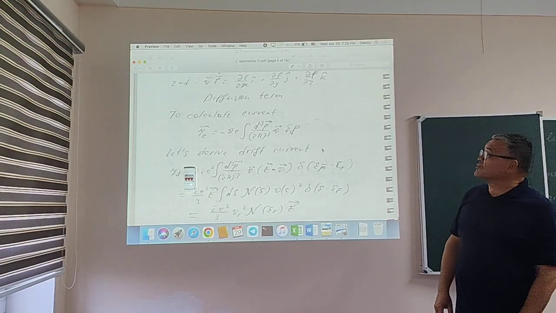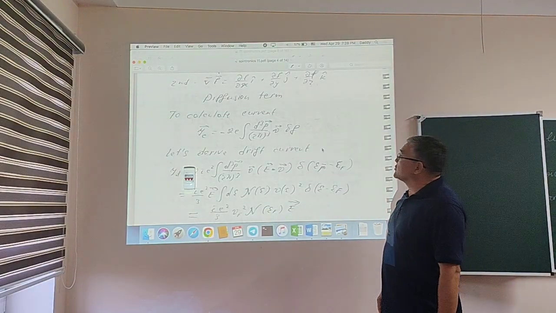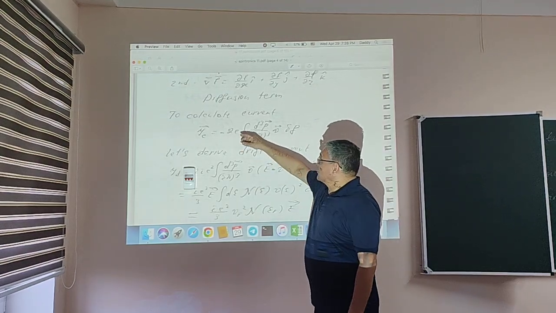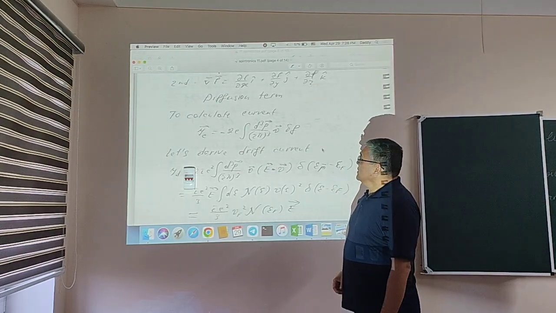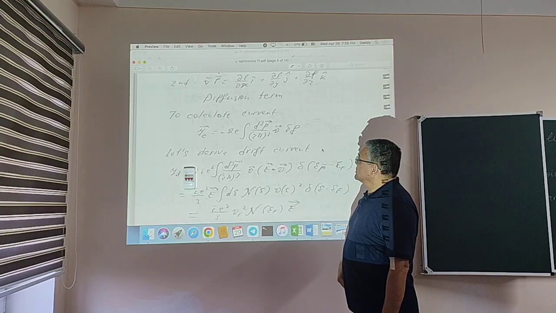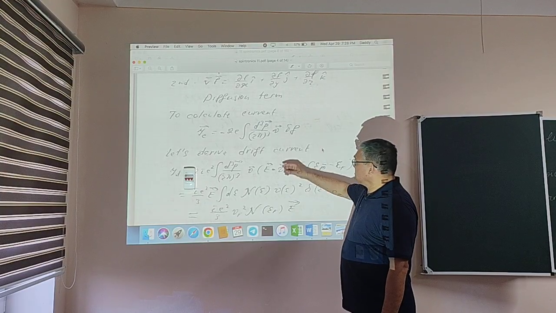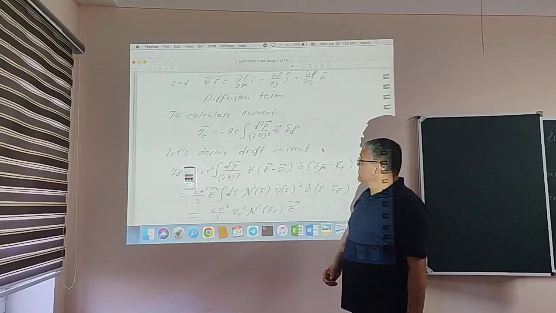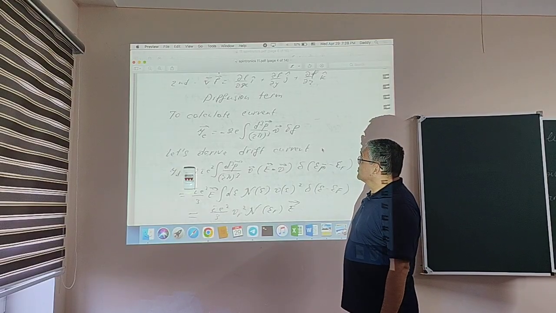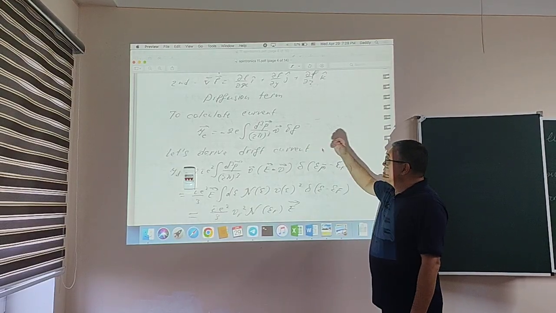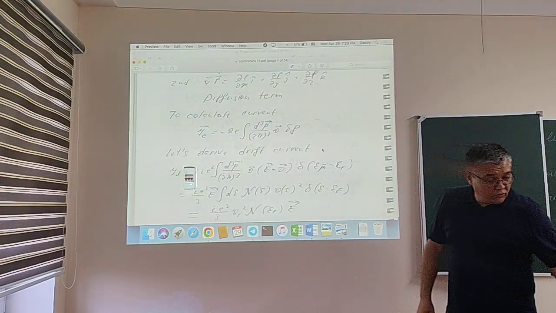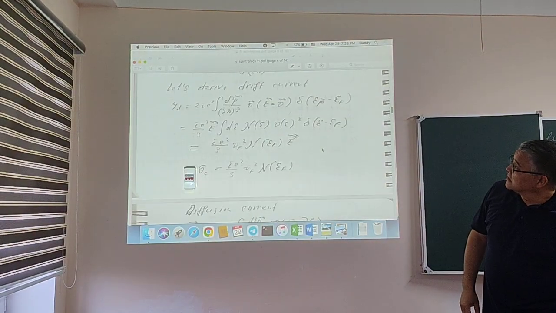So if we substitute the distribution function in the current, for the current we have a formula written like this. Current is density times velocity, and we can find this here. If we substitute the first part, the drift part of delta f, we find this drift current, which is written in these lines here.